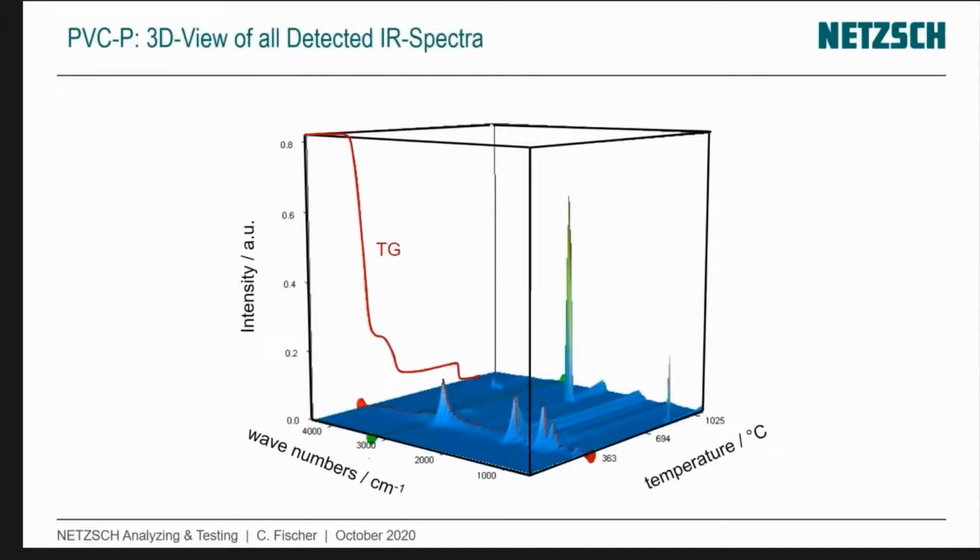The three-dimensional plot shows all IR spectra in correlation to the temperature and the TG curve in red. However, every single spectrum can be extracted. Now the spectrum at maximum intensity for the first mass loss step at 318 degrees C is taken and compared to the gas phase library.